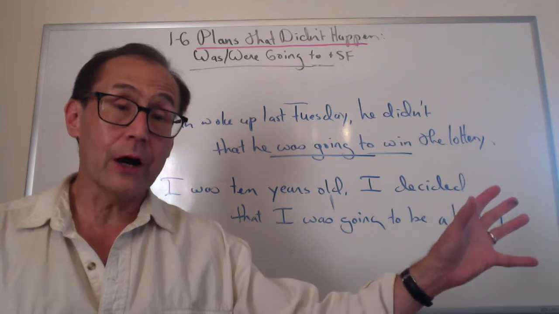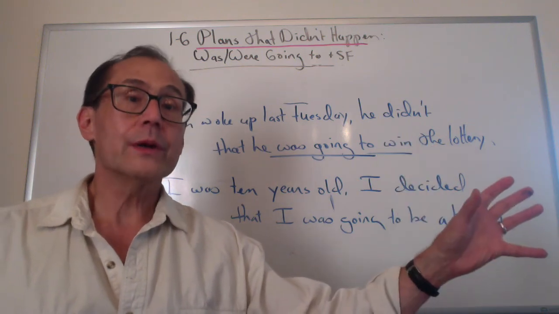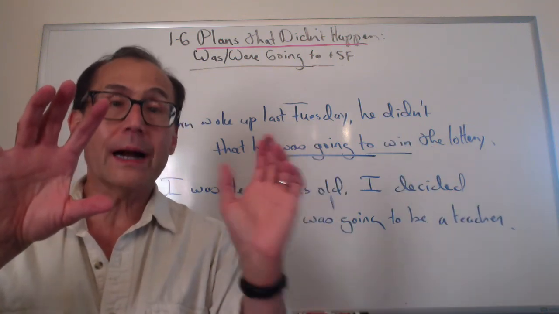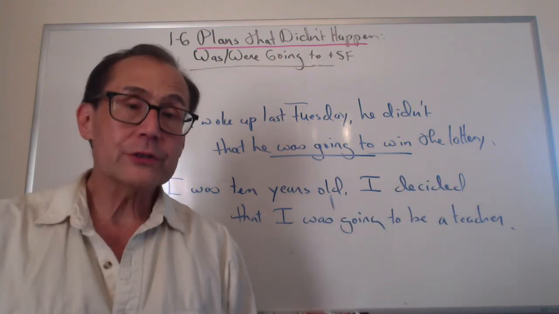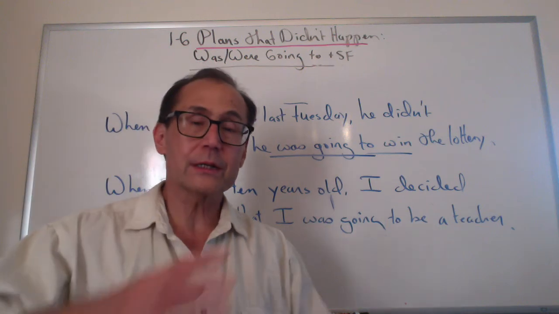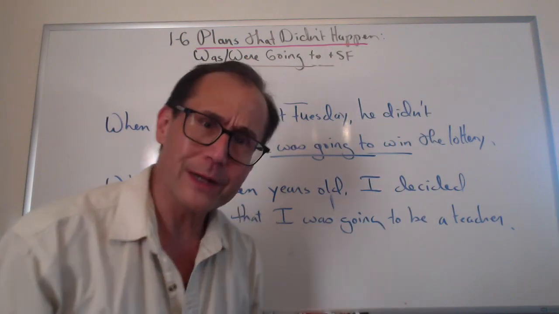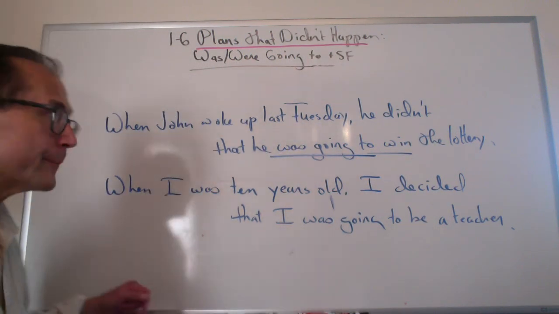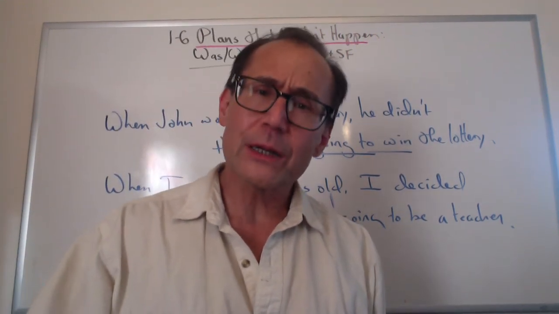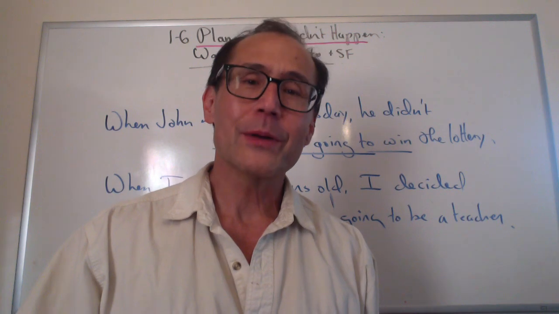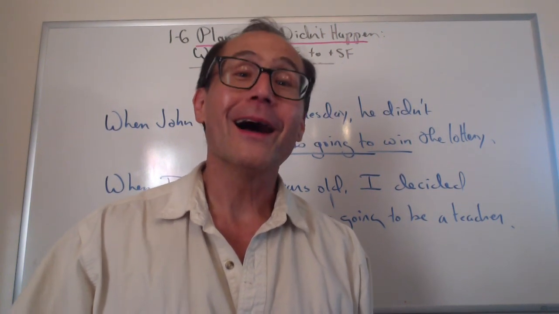Like I said, very often, when it means plan that didn't happen, I'll add something that makes it very clear that it didn't happen. Or you can just look at the context. You can just look at the situation, and hopefully that will help make it a little clearer. So that's not as clear as I would like, but I think it'll have to do for now. Okay, I hope this was useful.